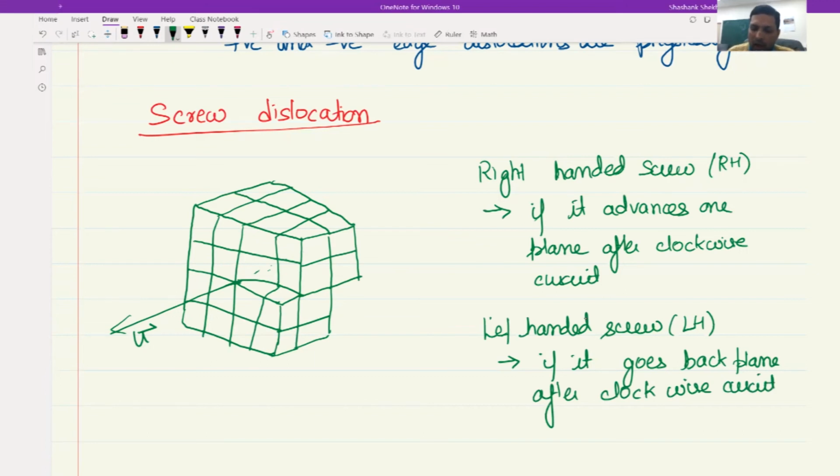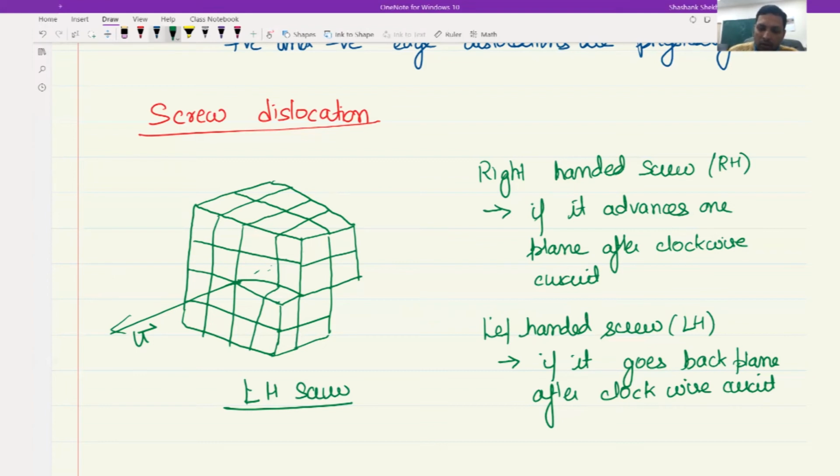So clearly what we have here, if you look at it, somewhere over here we will make the circuit, and after one cycle you are going back one plane. So this one is a left-handed screw. Okay, so based on what we have defined as right-handed and left-handed, this becomes a left-handed screw.